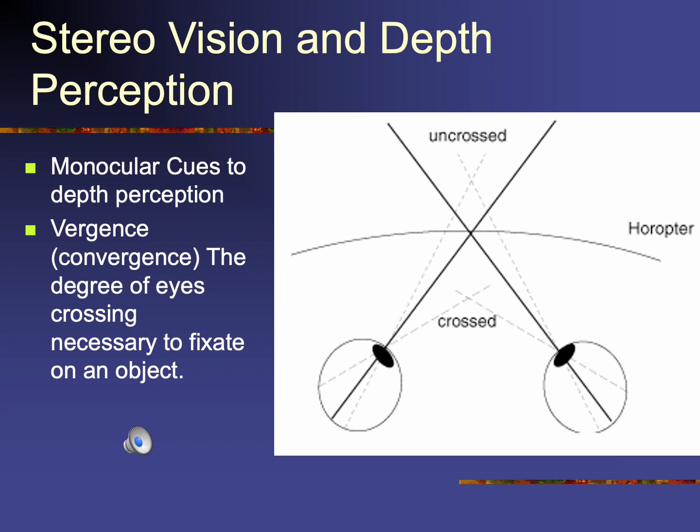Think of looking at something really close to you, like putting your hand up to your face, and your eyeballs are going to have to converge on that close object. If you look far away, your eyeballs are not going to be so converged, they're not going to be so together, they're going to be more parallel in the field they create. So the degree to which you have to converge your eyes and focus to see an object close to you versus seeing objects that are far away represents a cue that can be used to tell how far away something is, what the depth of that object is.